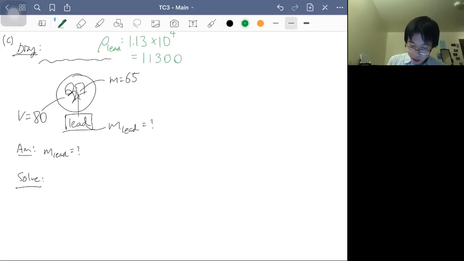So that's 1, 2, 3, 4. So you can compare with the density of water, which is seawater, 1020. So you see that the lead is larger, just to get a feel of it, even though I say that's not a good argument to argue why something sinks or not. All right, so let's solve this.